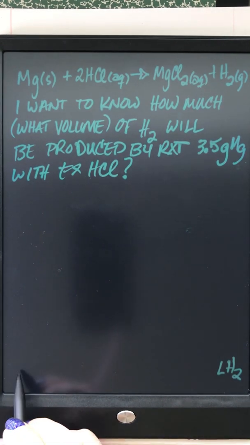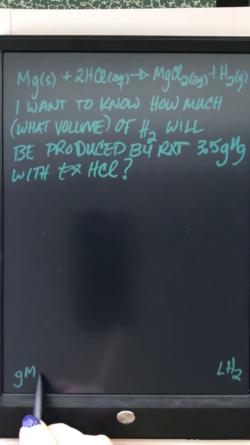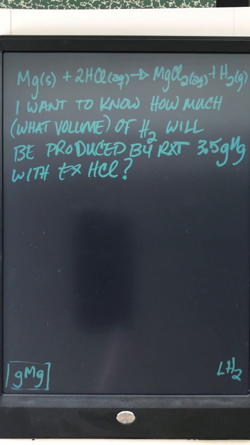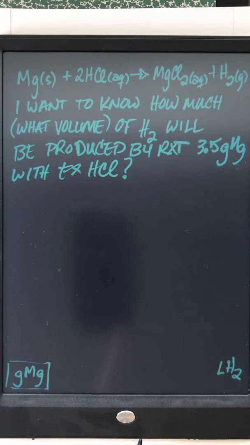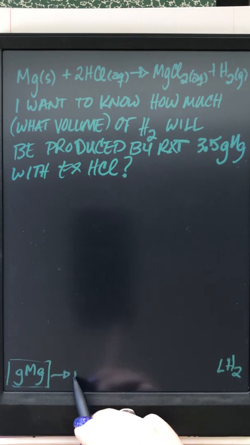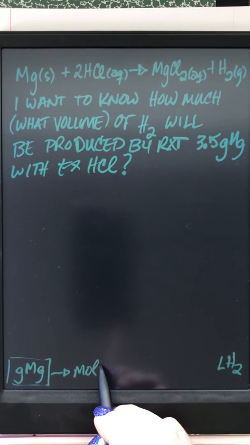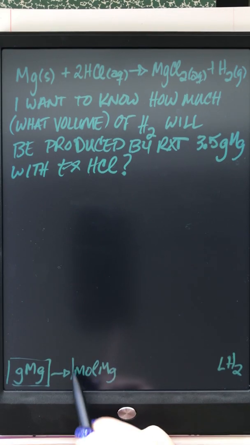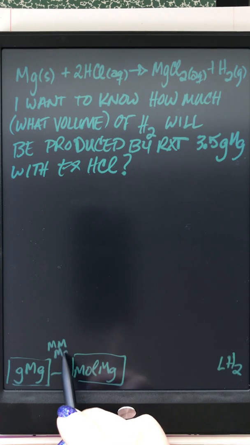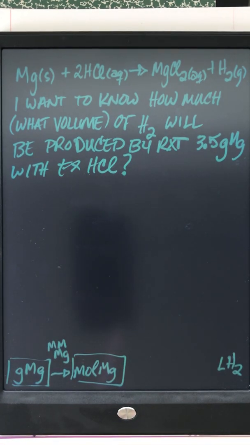And we're starting with a mass of magnesium, right? So, what are we thinking our first step should be? Molar mass. Molar mass, absolutely. So if we want to get to moles of magnesium, we need the molar mass for magnesium, right?